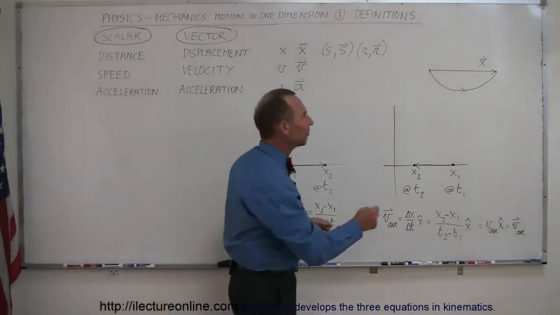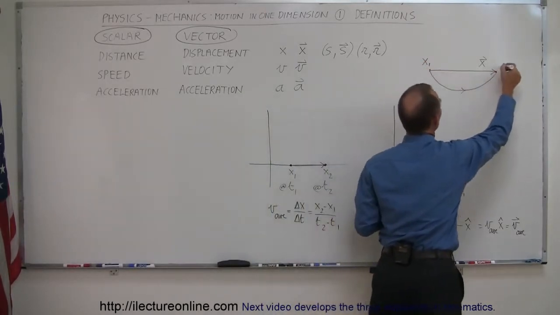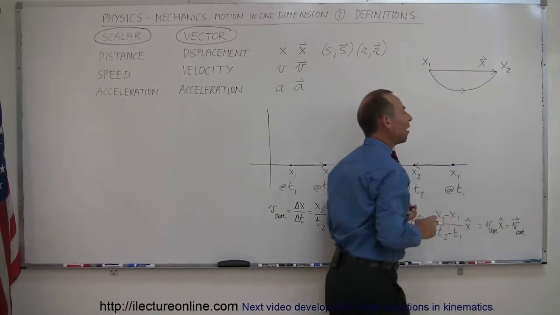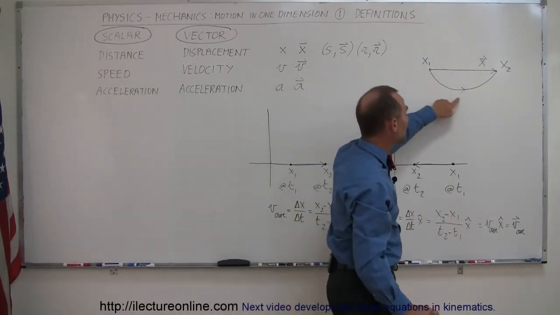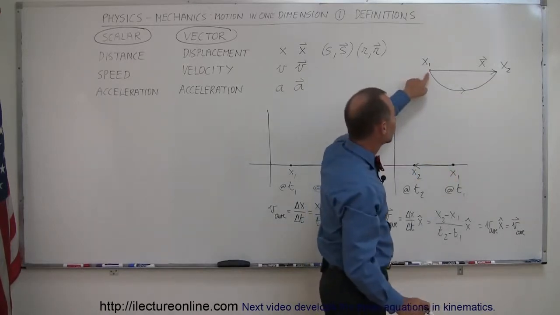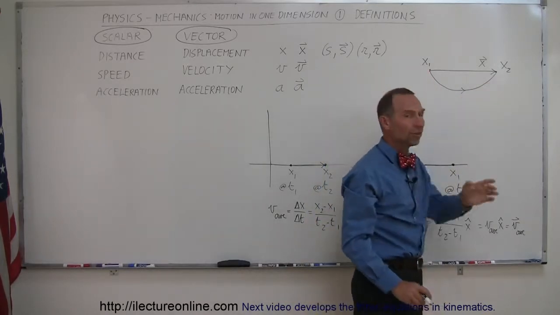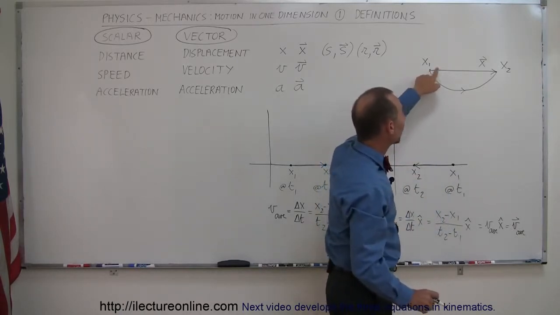So to illustrate that, I have a little drawing right here. Let's say that we start from x1 and we end up at x2. So how far did a person travel? Well, it depends. What if the person took this path right here? Well, the distance traveled would be the distance you travel along this path. But the displacement is simply the vector quantity from x1 to x2.